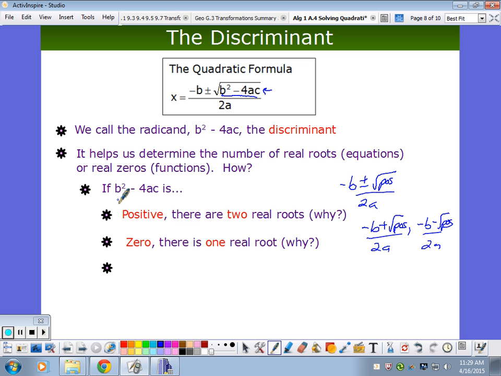Now, if b squared minus 4ac comes out to 0, and remember when we did that one, how many real solutions were there? Because what happens then? This b squared minus 4ac is 0. What's the square root of 0? 0. So if you're adding 0, does that do anything?